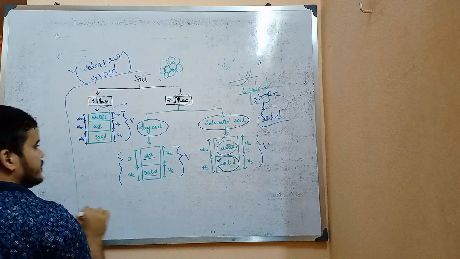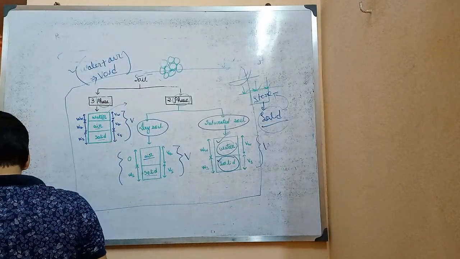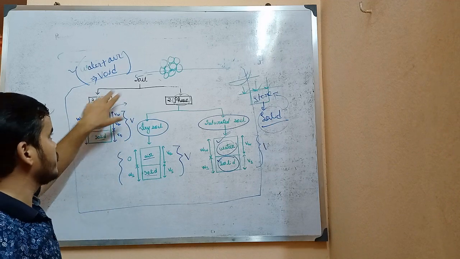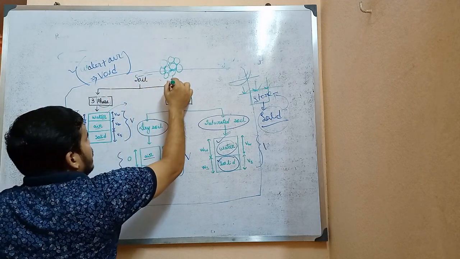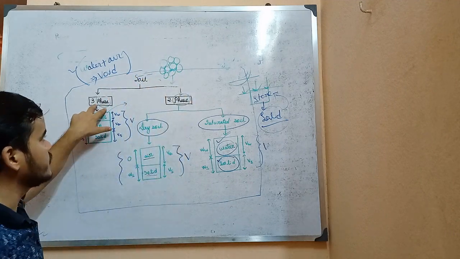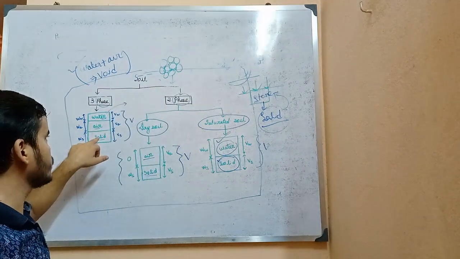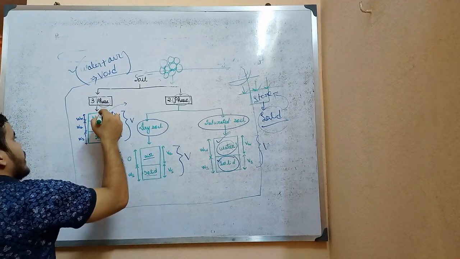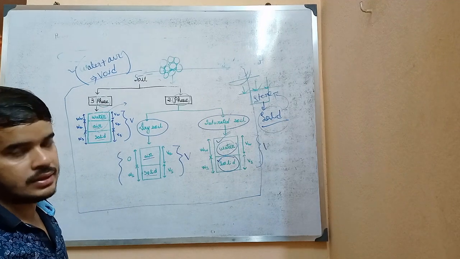So if we discuss the whole thing together, we can distinguish soil by two things: one is three-phase, one is two-phase. The three-phase system consists of solid, air and water. That means the air and water together create the void.